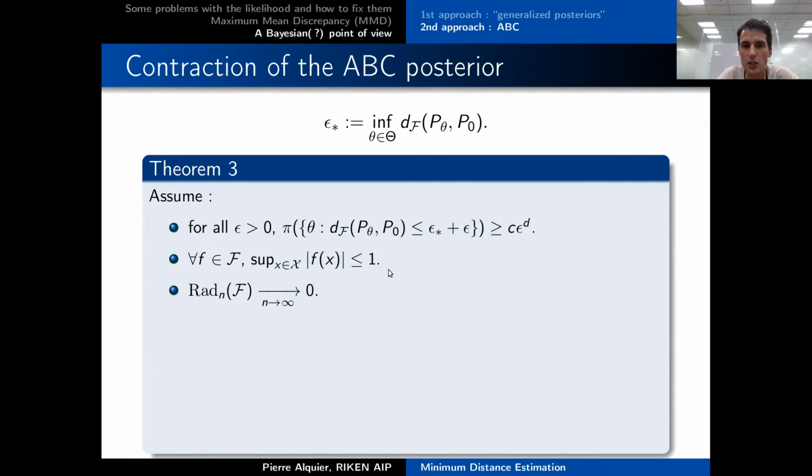So the result is as follows. Essentially, the assumptions are the same as before. We need to work with a class F that has a Rademacher complexity that goes to 0, and we need this function to be bounded. Once again, the example I have in mind now is MMD with a Gaussian kernel. Then you have one additional thing, a prior mass condition, but it's quite standard.